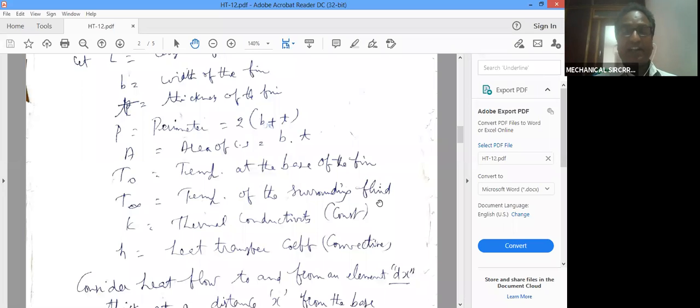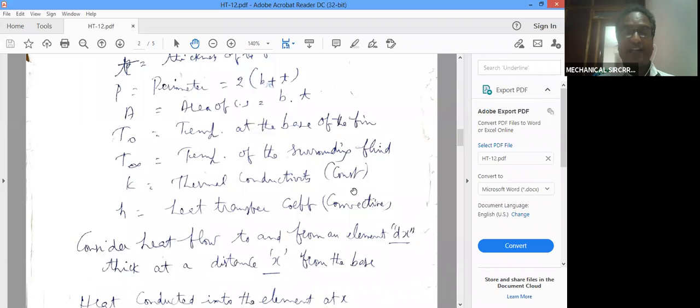Whenever you are riding the motorcycle on the road, what is the surrounding fluid? Air. From the engine cylinder head, fins are provided, and from the fins heat is transferred to the outside air. K is the thermal conductivity of the fin material, which may be aluminum or copper, or different materials.